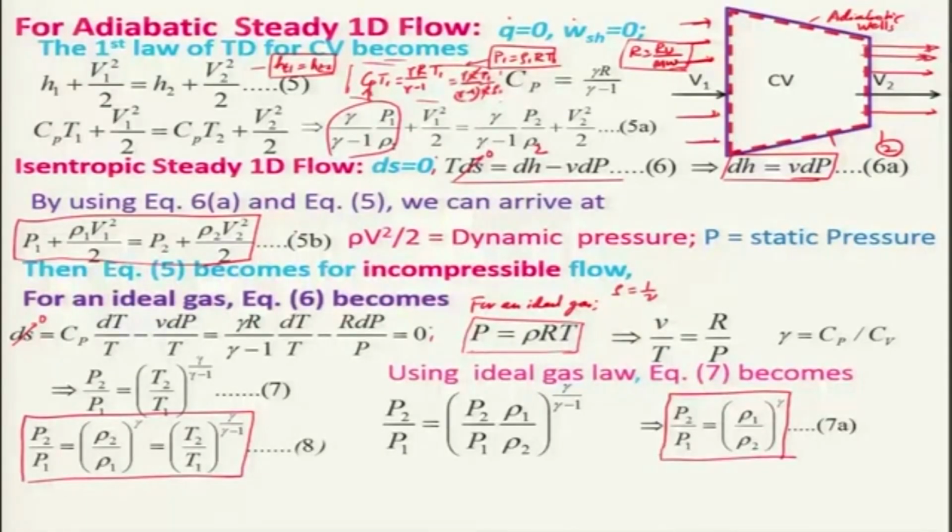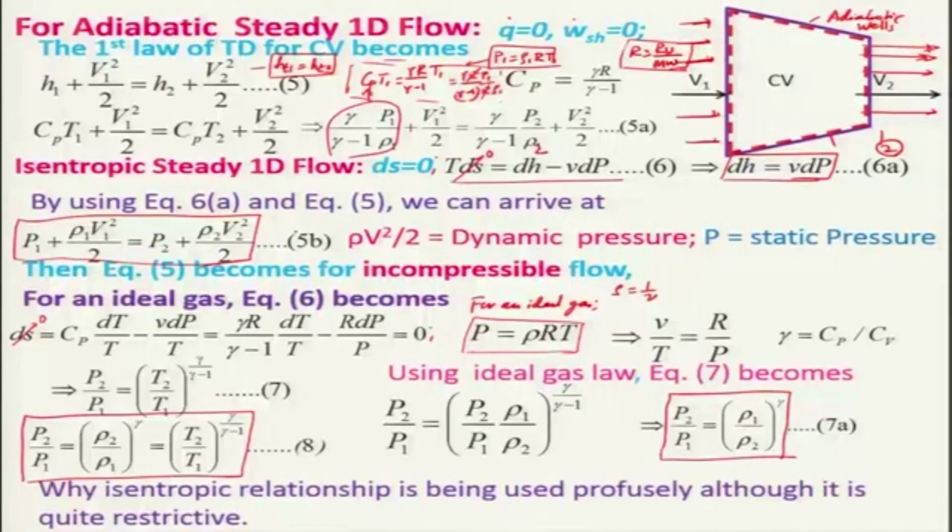A question might come into your mind: why are we using the isentropic assumption, although in nature it is quite restrictive? Keep in mind, as I discussed earlier, that most of the flow, except near or within the boundary layer, we can consider to be isentropic in nature.